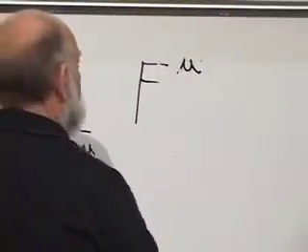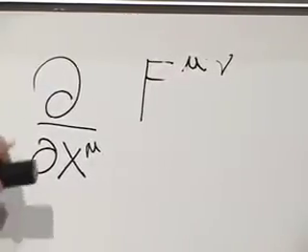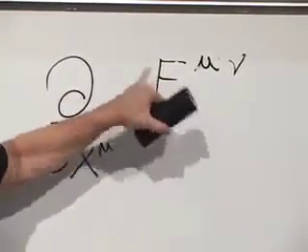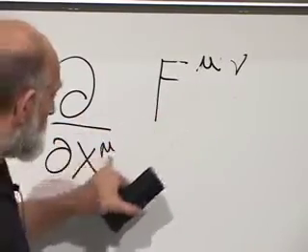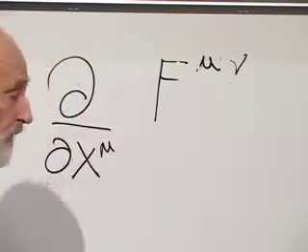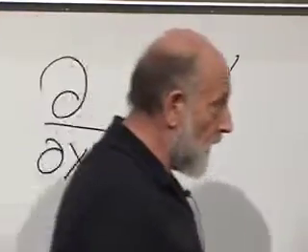It's a vector equation because the left-hand side is a vector. It's a vector because it is the derivative where you've contracted the index mu. There's only one index left over, and so this is a vector equation. It's the same in every reference frame.